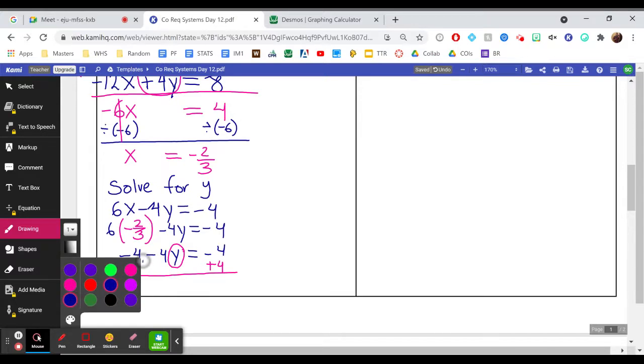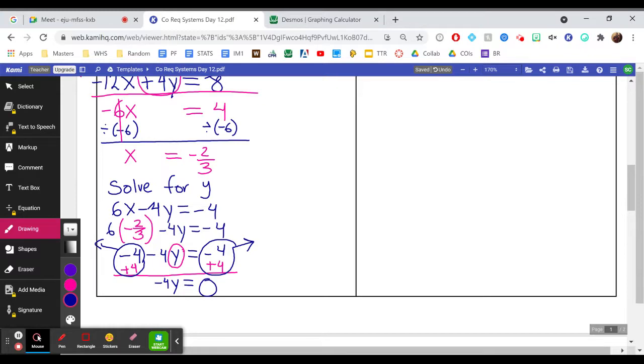And if you notice here, I have a zero pair. That means that is out. And I'm left with negative 4y is equal to, on the other side, I have another zero pair, so it also goes away. But since I have nothing else on this side, I will actually write the 0.